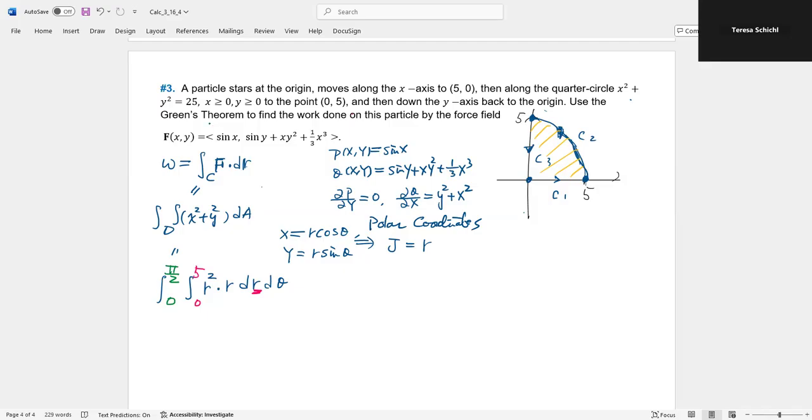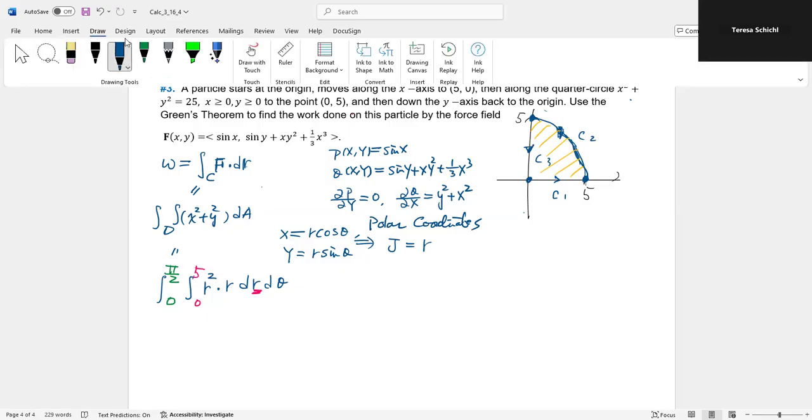So as you see, after doing this vector field integration over this line, first I use Green's theorem to change it to a normal double integral, then I use polar coordinates, which makes my integration way easier.